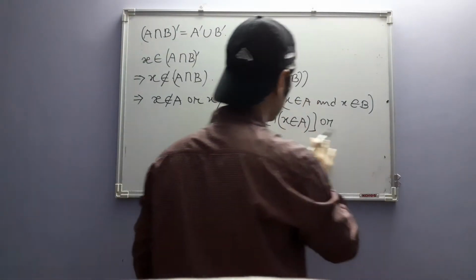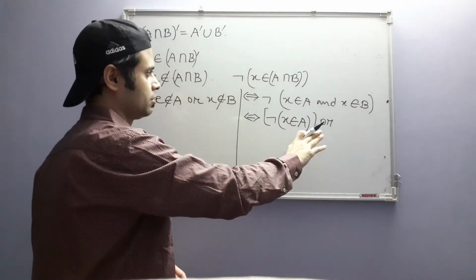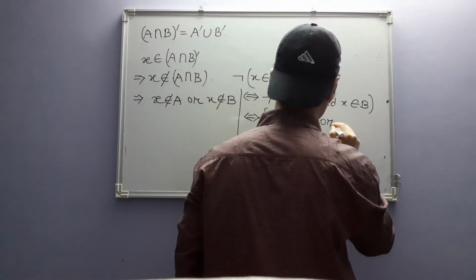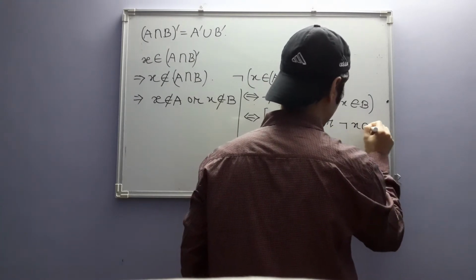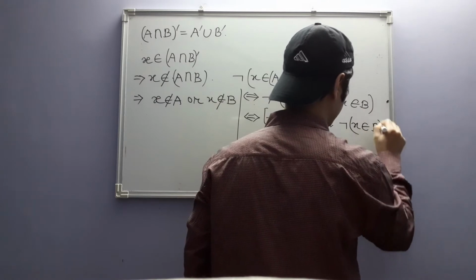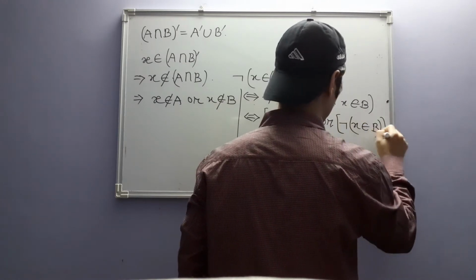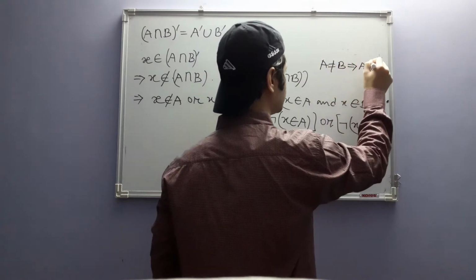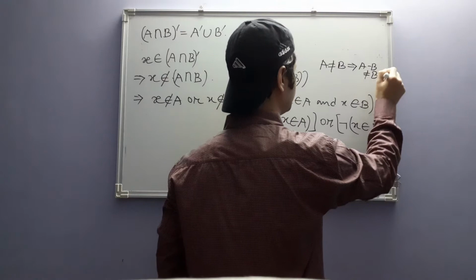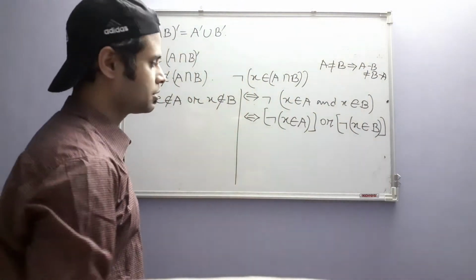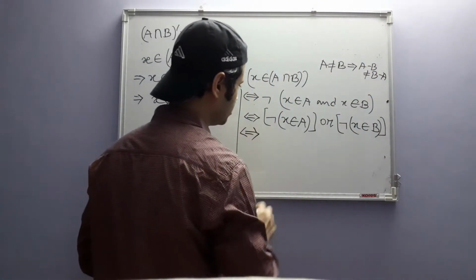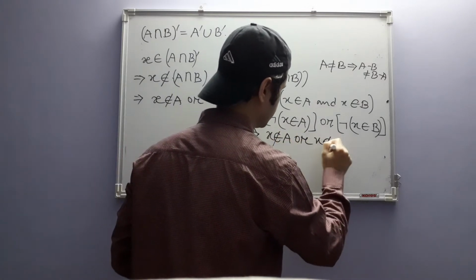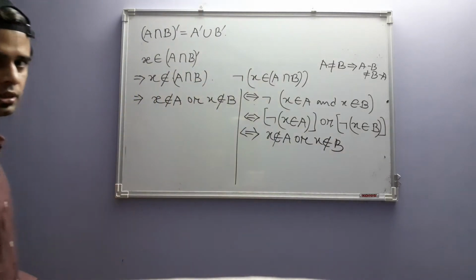In fact, we have carried out a similar argument previously also, in this video somewhere, I remember. While proving that A not equal to B implies A minus B is not equal to B minus A, I have carried out a similar argument. So negation of x belongs to A or negation of x belongs to B. So x does not belong to A or x does not belong to B. That's how we are getting this.